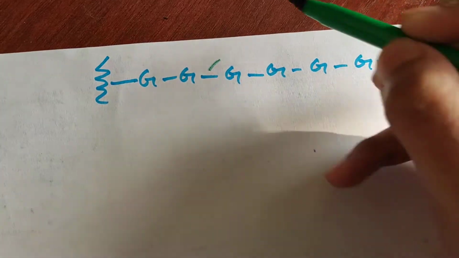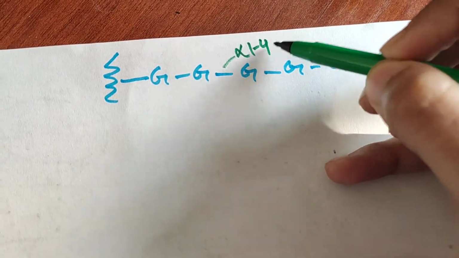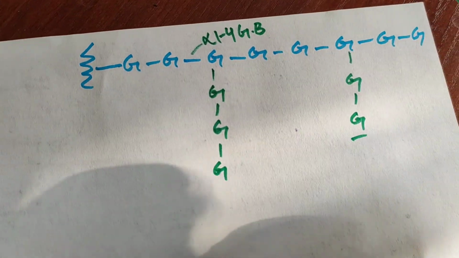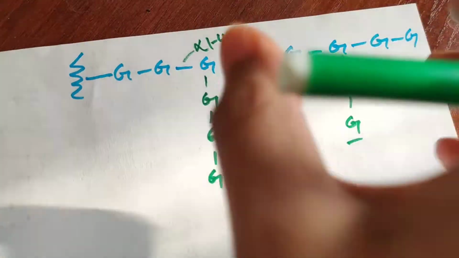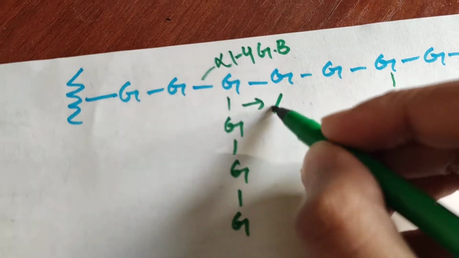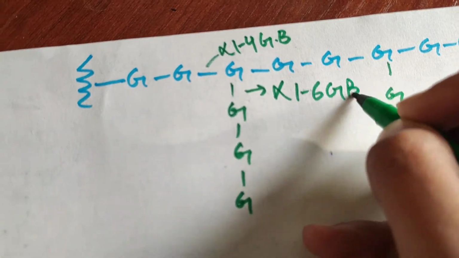Every glucose is attached with an alpha 1,4 glycosidic bond. Suppose this is a glycogen molecule; this is linear and this is a branch which is occurring. This branching is occurring at an alpha 1,6 glycosidic bond.